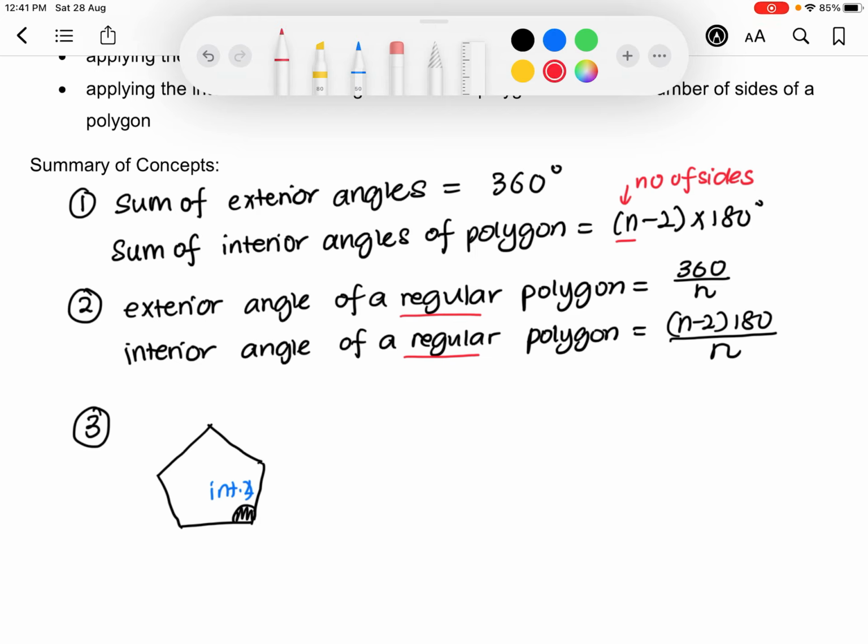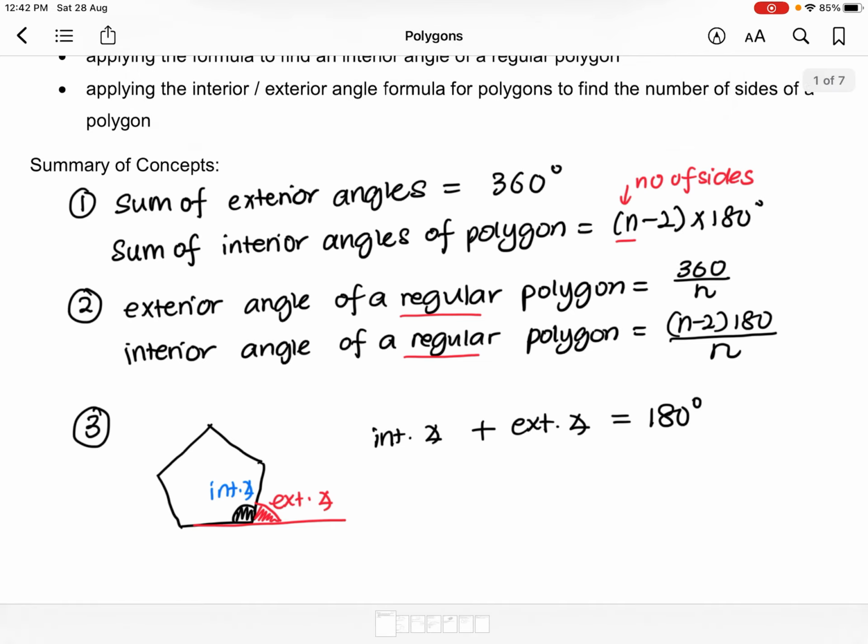The interior angle and the exterior angle of a polygon add up to 180 degrees. They are angles on a straight line. So now we have these three formulas. We shall try to use them to solve the questions. Next question.